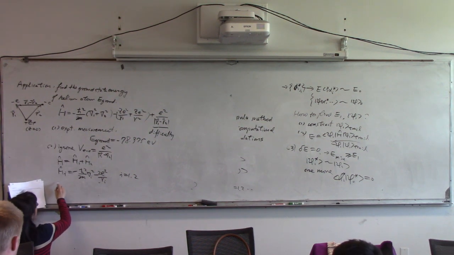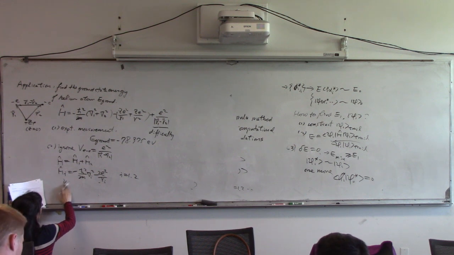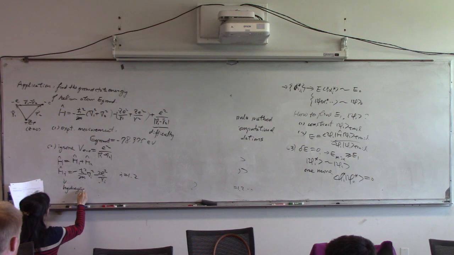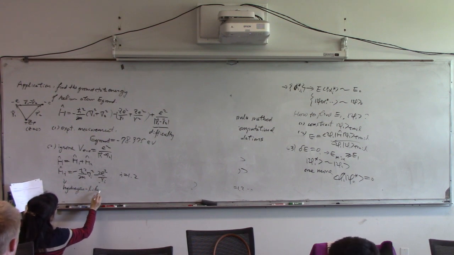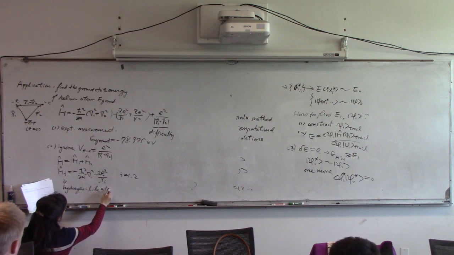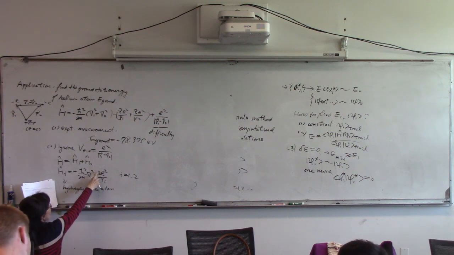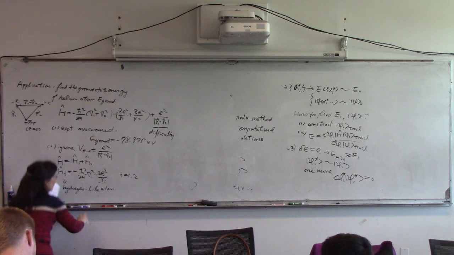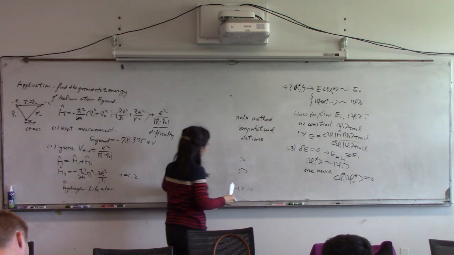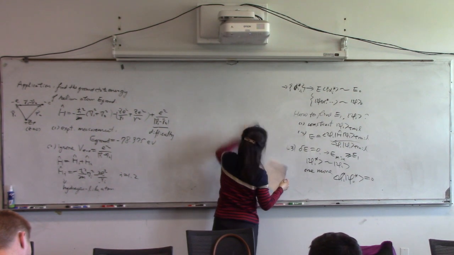Each one is like a hydrogen-like atom. The only difference here is Z. For hydrogen Z equals 1, here Z equals 2. So like hydrogen-like atoms, we immediately have the solution from chapter 6.